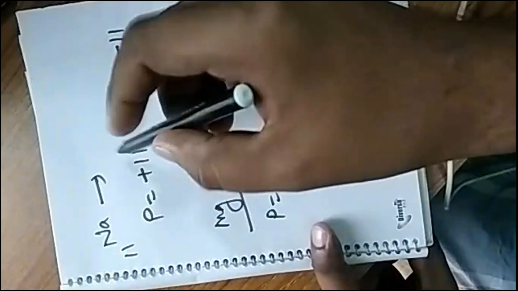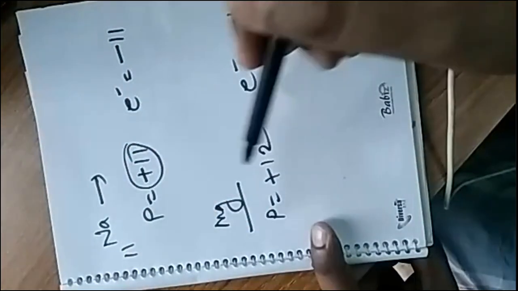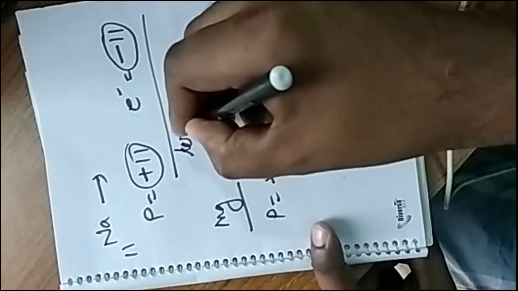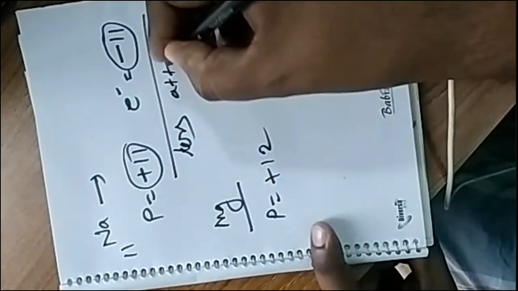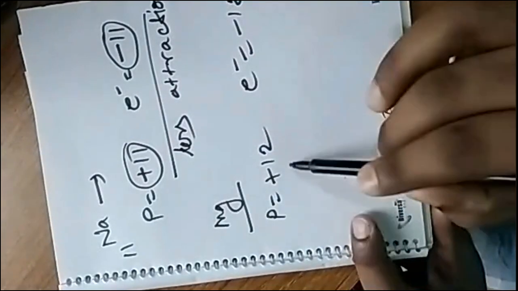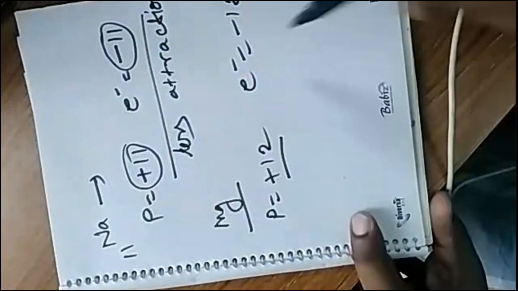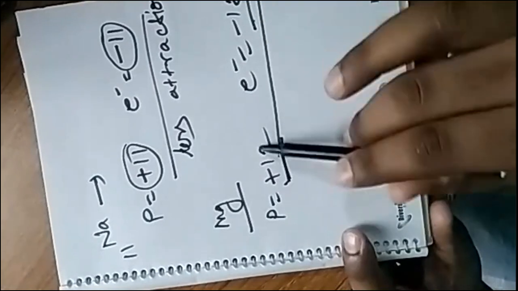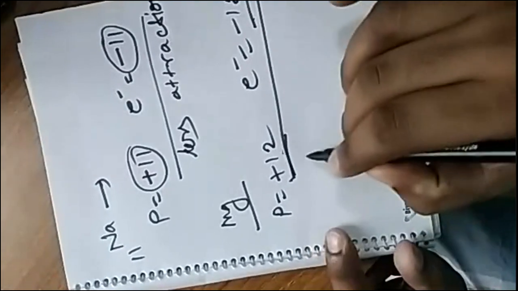You can see that fewer protons and fewer electrons mean less attraction. But more protons compared to sodium and more electrons compared to sodium means more attraction.